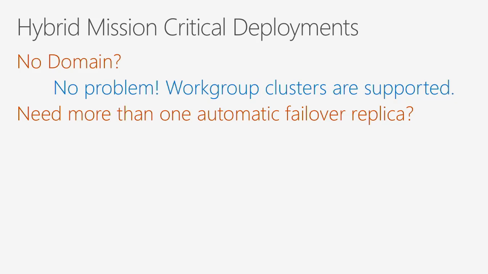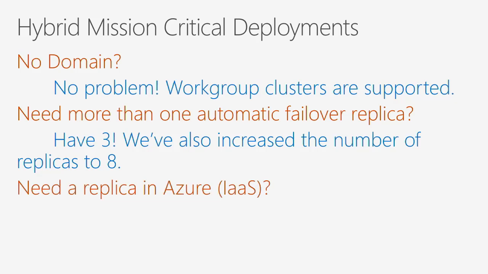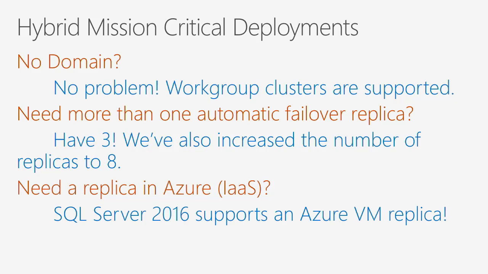For those of you who are using Always On for your availability groups, we've increased the amount of automatic failover partners or replicas. We now have 3, and we've also increased the number of secondaries to 8. Another great feature in the hybrid space is the ability to have your always-on availability groups on-prem in your data center, and then to have an Azure VM replica.